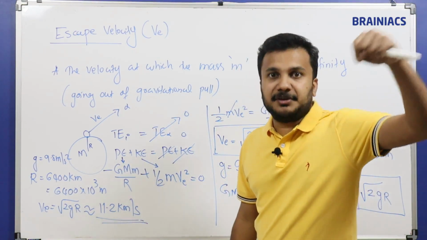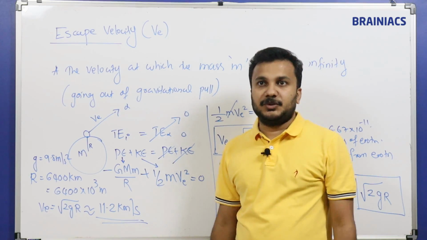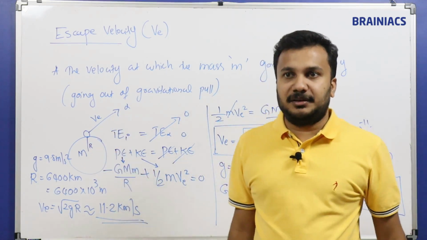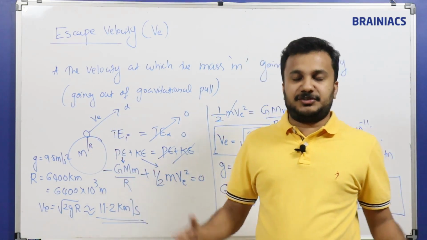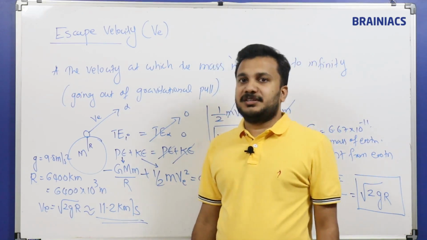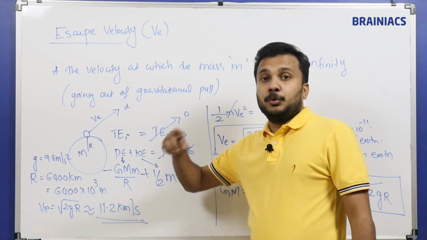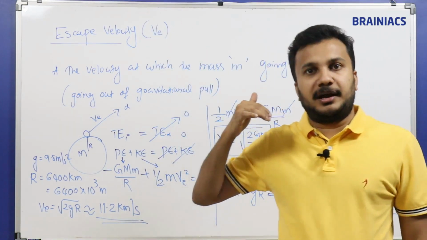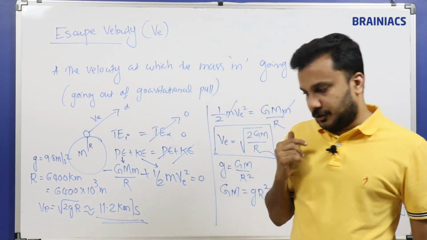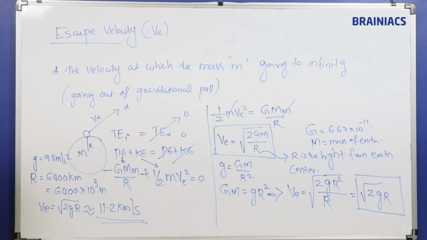You have to go 11 kilometers in 1 second. You can imagine how much distance 11.2 kilometer is, and that has to be covered in 1 second. If you throw at that much speed, then the ball will go to infinity. It will never come back to your hand again. So that is the concept behind escape velocity.